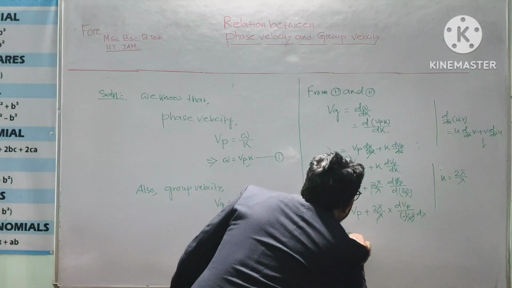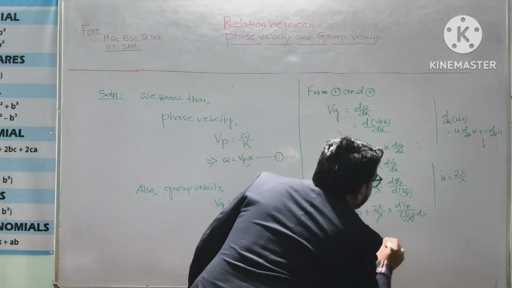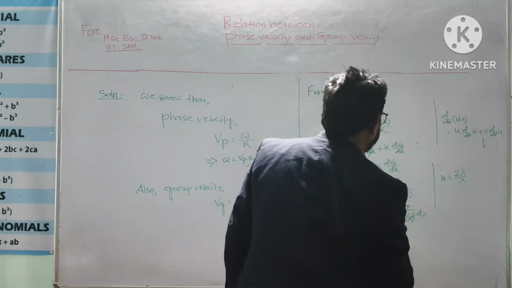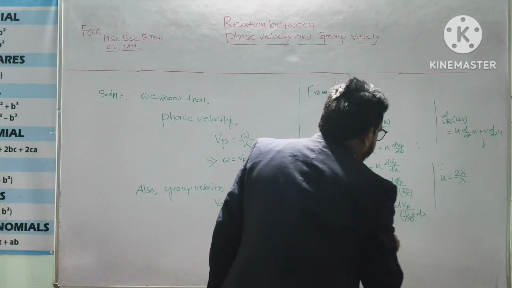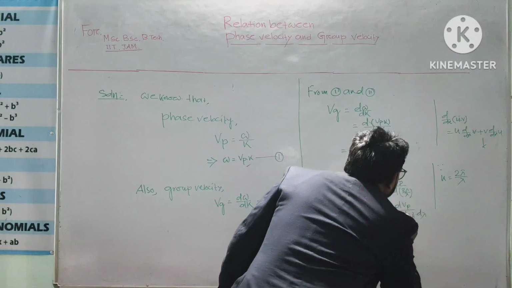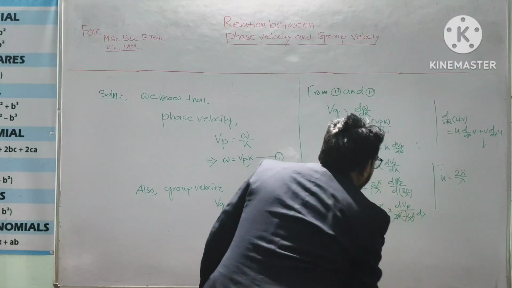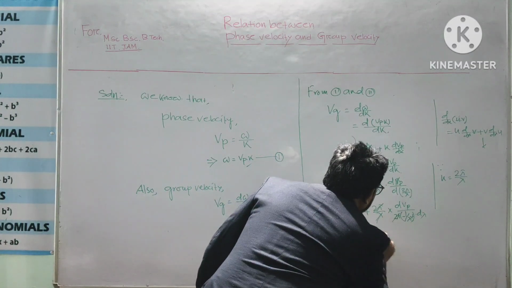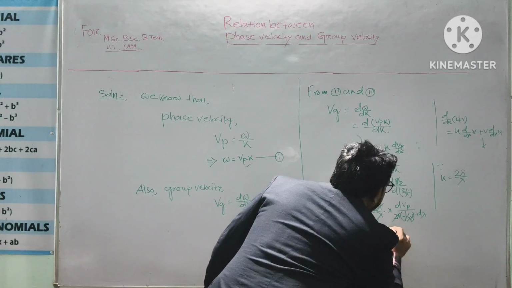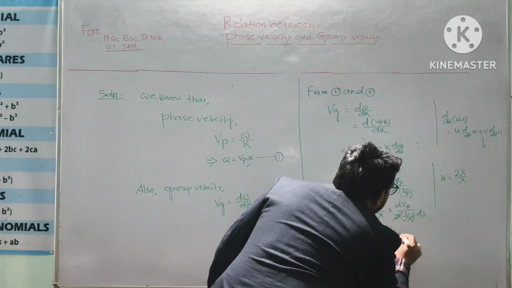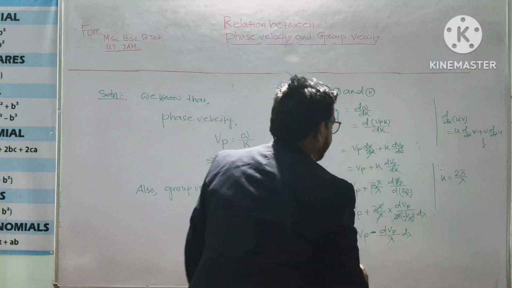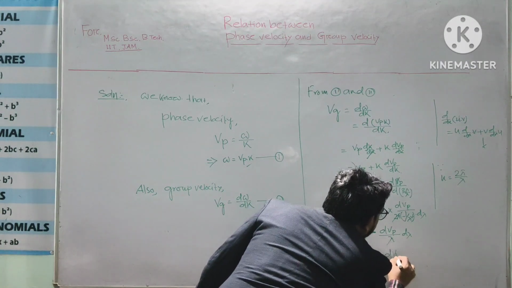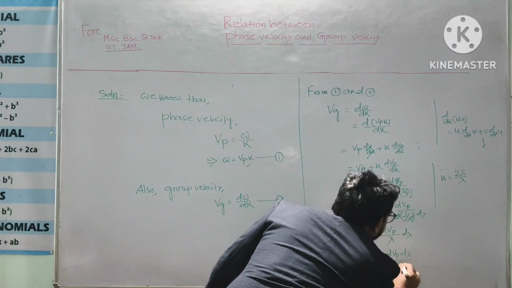And finally we can write Vp plus, 2 pi and 2 pi will cancel, so plus into minus Vp, dVp divided by lambda into d lambda. So finally we can write Vp minus dVp d lambda divided by lambda.